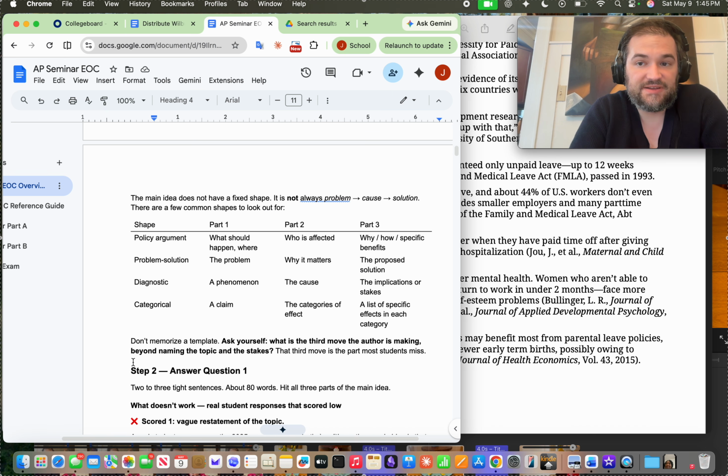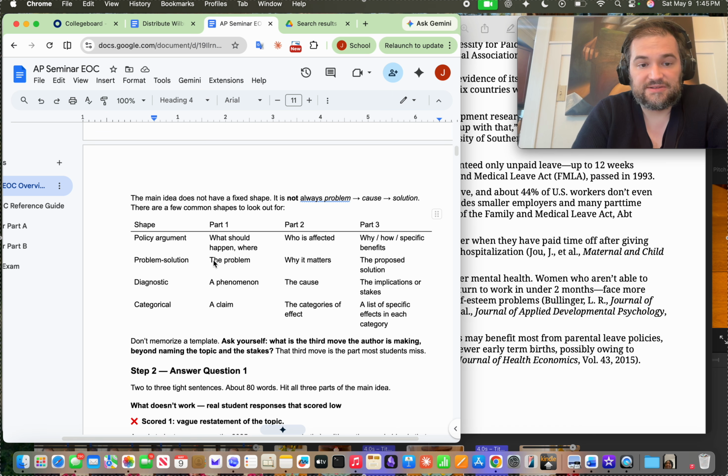Here are some forms I've seen. Sometimes it's a policy argument: what should happen, who's affected by it, and what are the benefits. Sometimes it's a problem-solution: the problem, why it matters right now, and what the solution should be. Or maybe the problem, the solution, and then why it overcomes limitations.